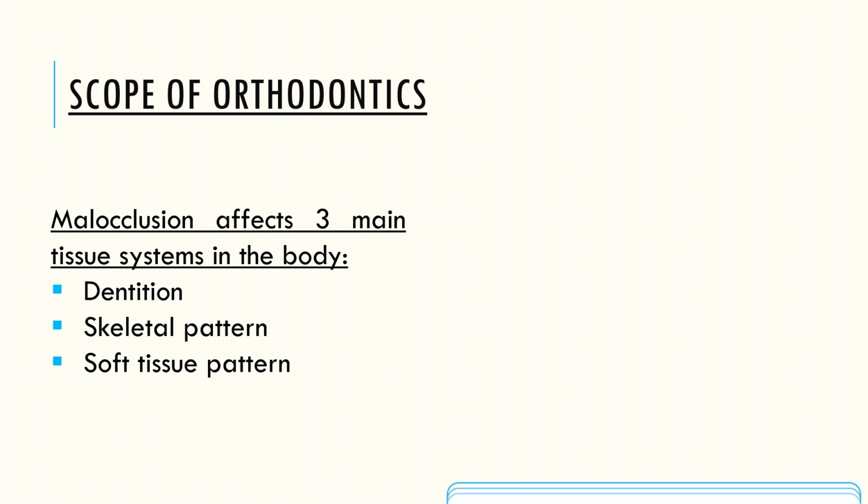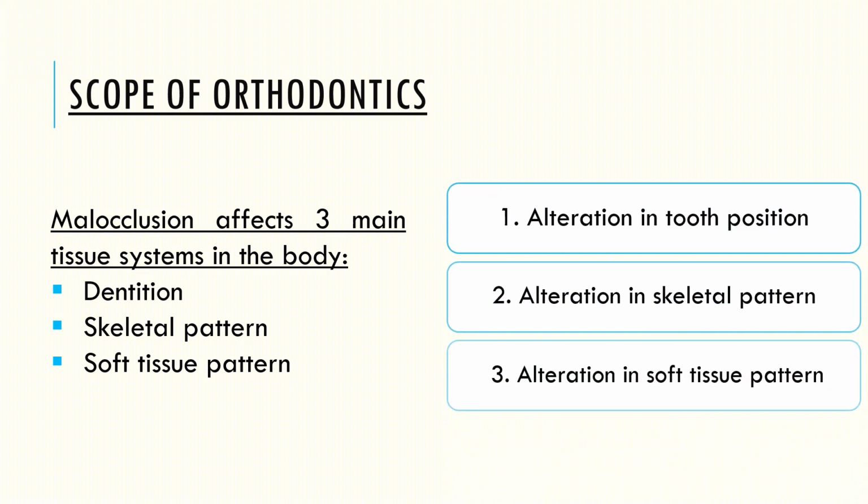Orthodontic treatment can bring about alteration in the tooth position, alteration in the skeletal pattern, and alteration in the soft tissue pattern. Alteration in the tooth position states that teeth can be moved from the present incorrect position to their correct ideal position where they can be of maximum use or utility to the patient.